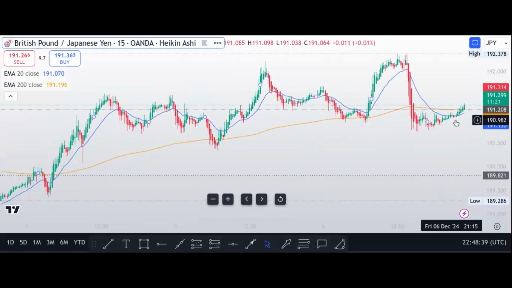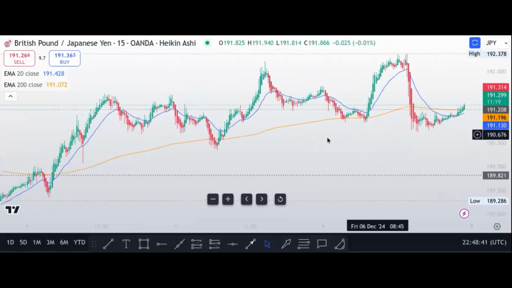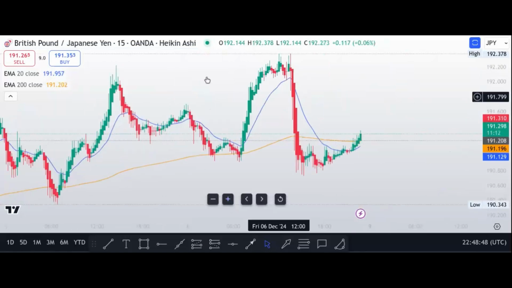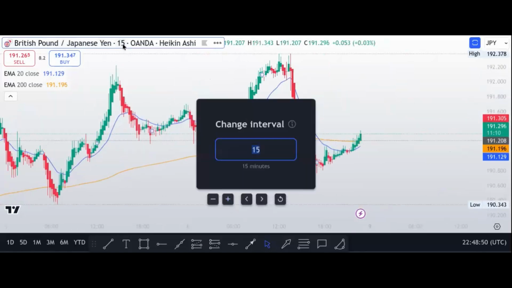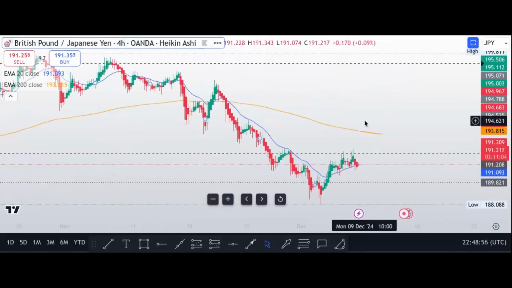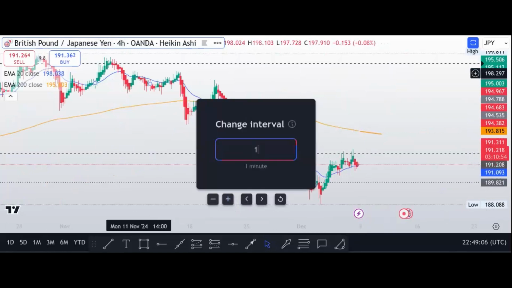We're scaling down because we've got some curiosity spark on our 4-hour. What did we see? On our 4-hour, price is not completely above both, but it's actually above our 20. So we scale down to our 15-minute.